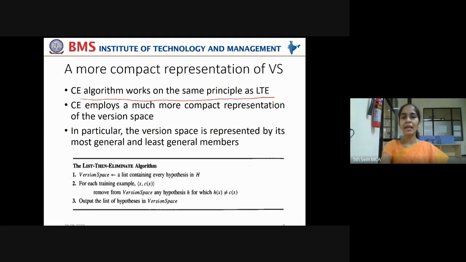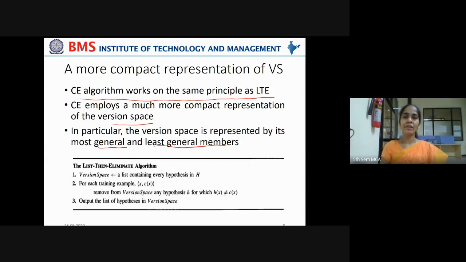So CE employs a much more compact representation of the version space. It is actually a more compact, precise and clear representation of this version space. In particular, the version space is represented by its most general and least general members. What does that mean?